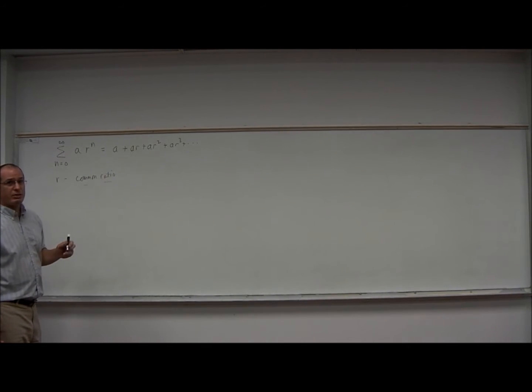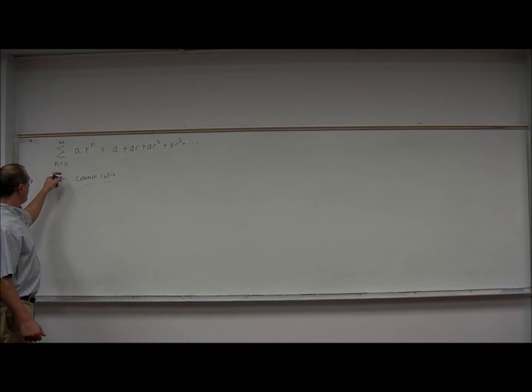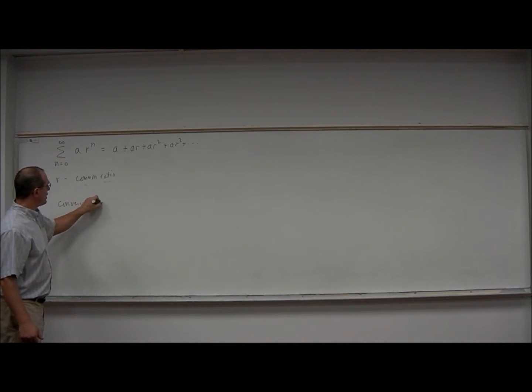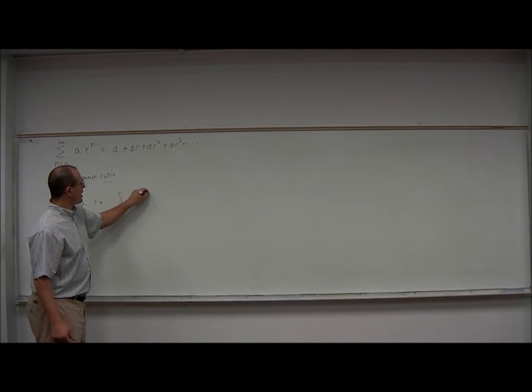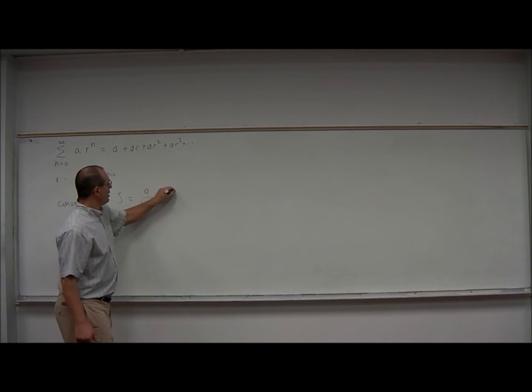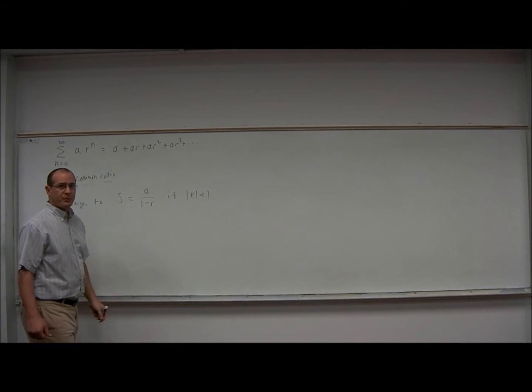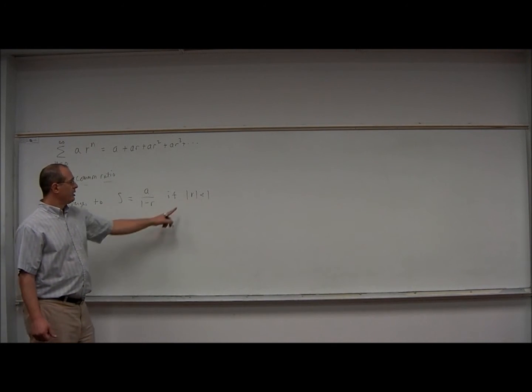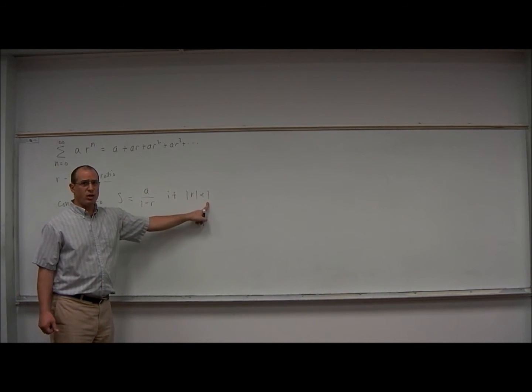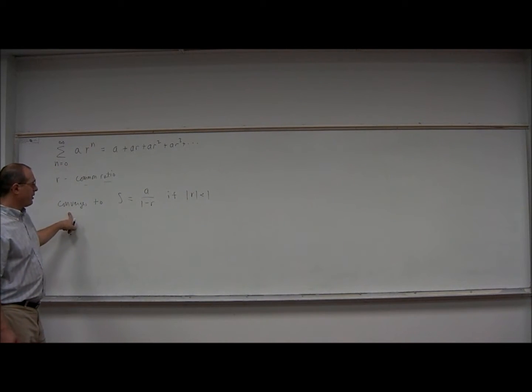So the theory of geometric series says that this series converges to a sum of s equals a over 1 minus r if the absolute value of r is less than 1. We need the ratio to have an absolute value of less than 1 in order for the series to converge.